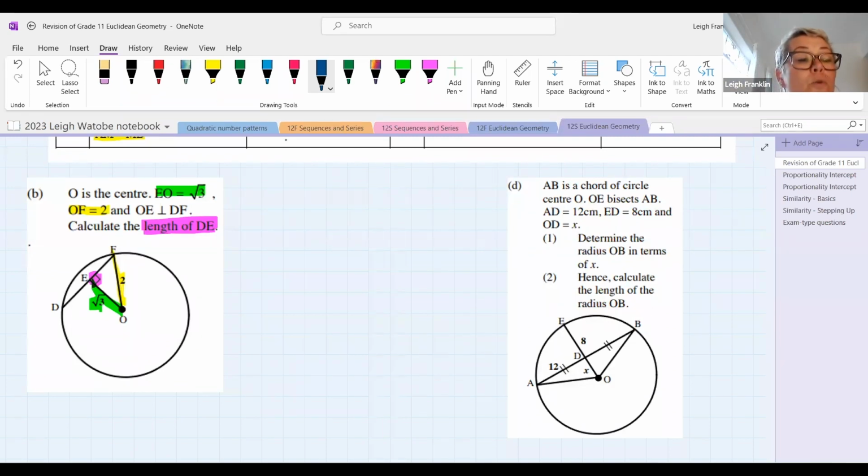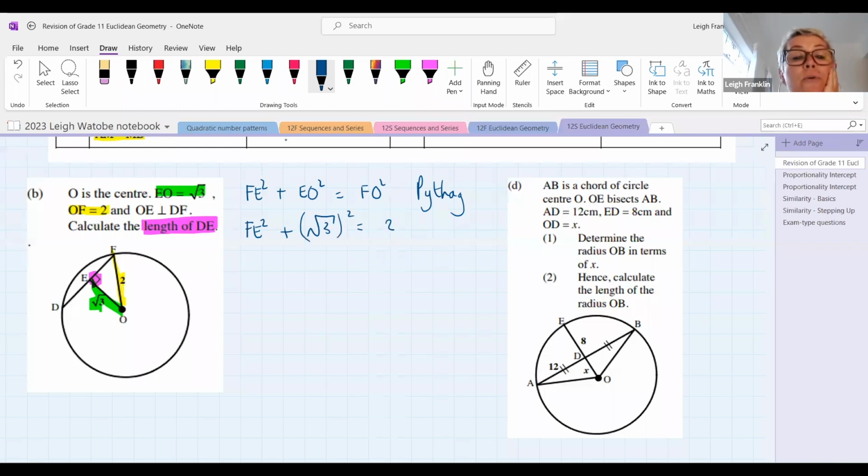So we will start off by stating that FE squared plus EO squared is going to be equal to FO squared. And we're going to use Pythagoras as our reason. Now we're going to substitute in. FE we don't know. That's what we're trying to calculate, because FE equals DE. EO is the square root of 3.